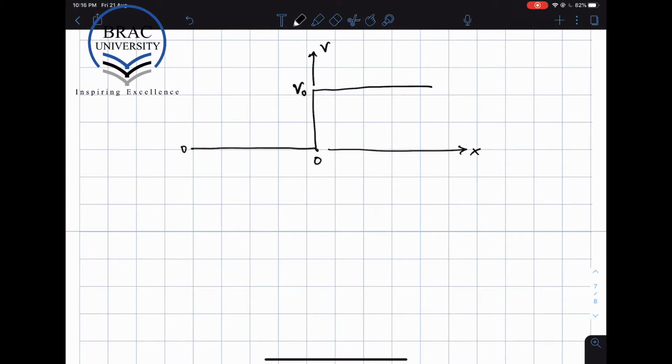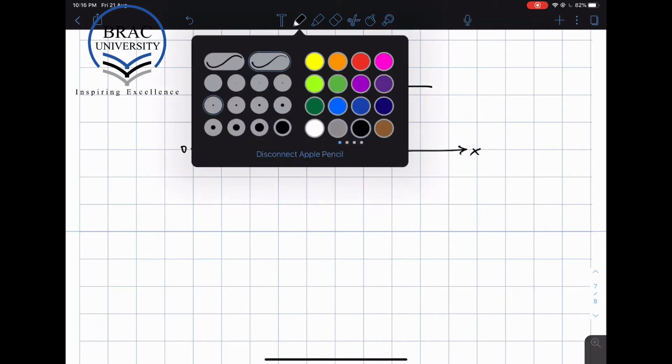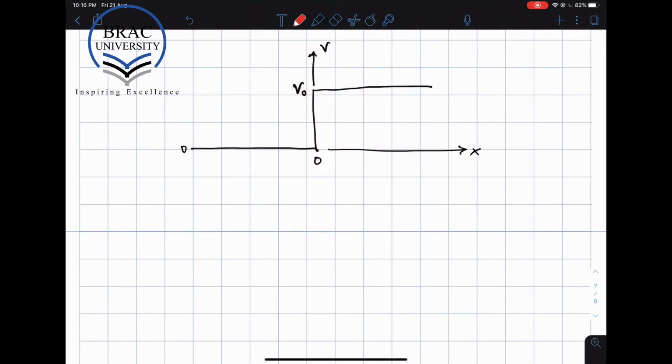Of course, realistic potentials do not have this form. They don't have discontinuity. Realistic potentials are more like, they'll just go like this. They have their 0, and then they will increase to some stable value over some range.